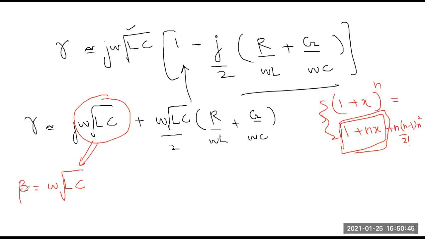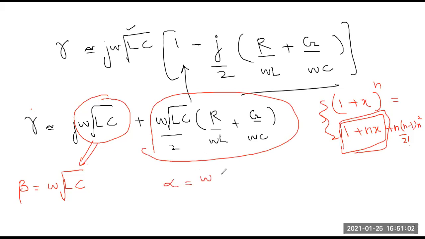So the phase constant, or the imaginary part of the propagation constant, of a low loss line is the same as that of a lossless line. And this term is clearly a real term, so this must be alpha. So alpha is equal to omega square root of LC divided by 2, times R over omega L plus G over omega C.